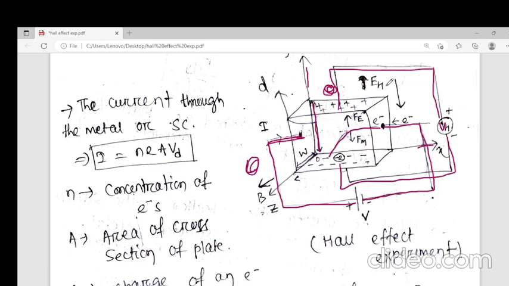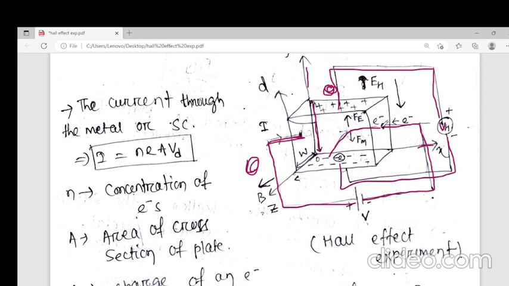So an electric field will be induced due to this potential difference. That is EH, and it will be in the downward direction, as the conventional direction of electric field is positive to negative. But here the electric force will be generated in the upward direction, because the electron is deflecting.